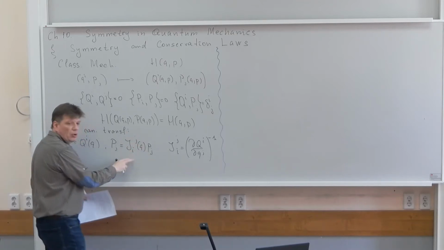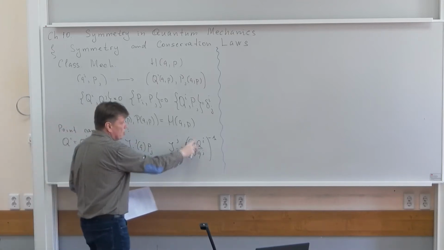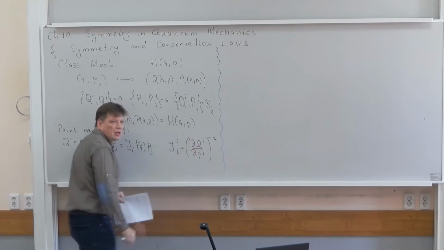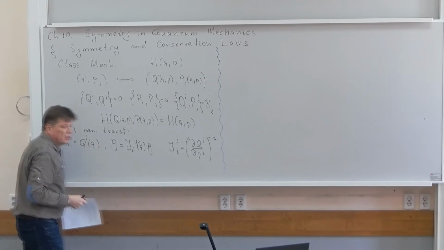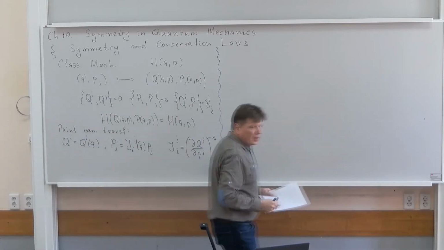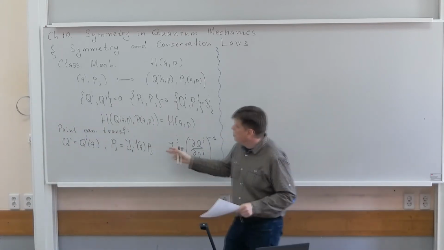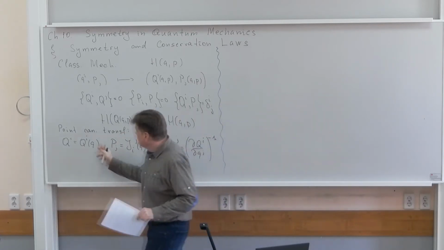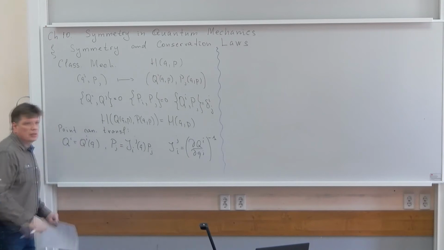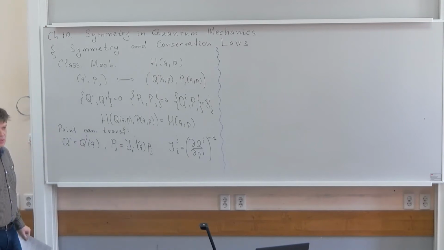The matrix of the linear combination is just the inverse of the Jacobi matrix of the coordinate change in the configuration space. So we conclude that each point canonical transformation defines and is defined by an arbitrary coordinate change in the configuration space of the system.